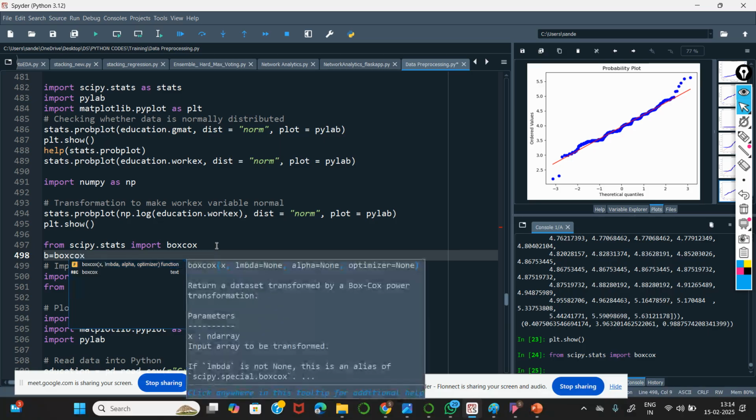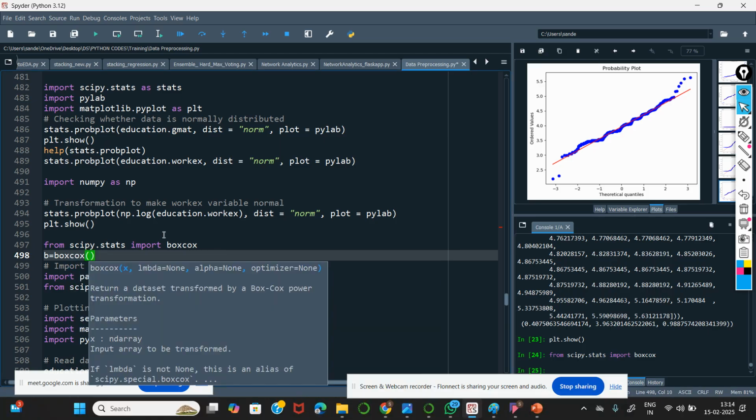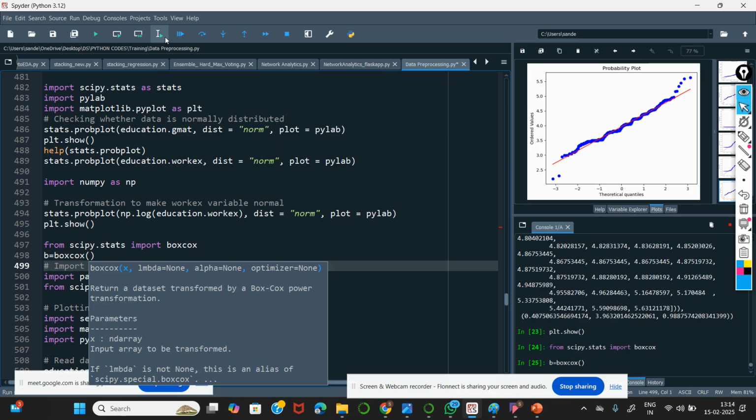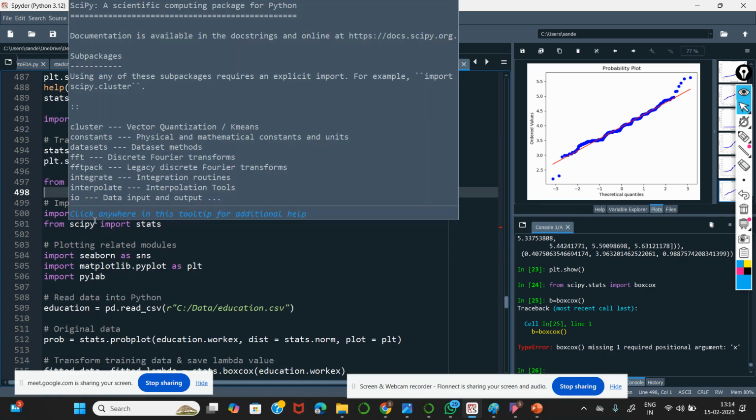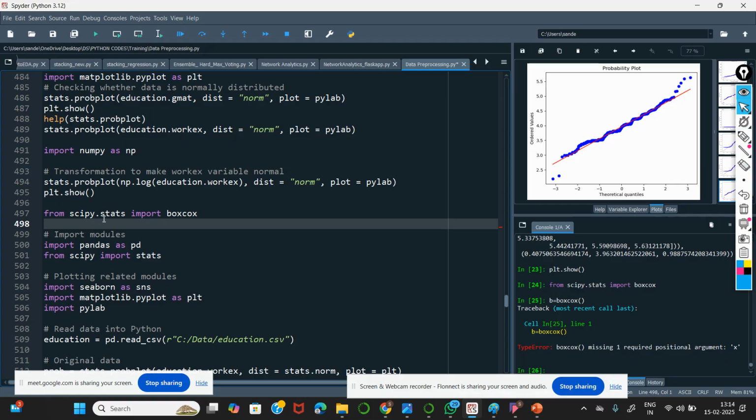What should I be doing? Data, or else I can go with something like a, b is equal to boxcox of your data set, df.